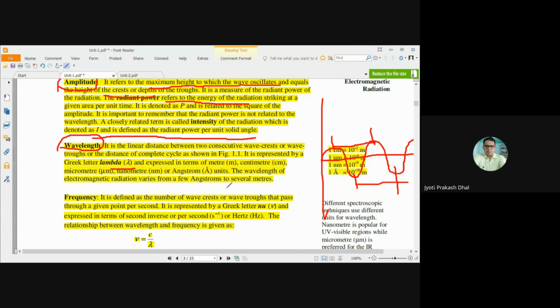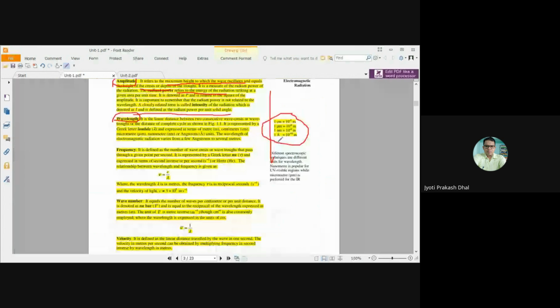As it is the distance between two consecutive crests or troughs, or the distance of a complete wave, the unit of the wavelength is meter, centimeter, micrometer, nanometer, angstrom, and so on. And here is the conversion between the different units: 1 nanometer equals 10 to the power minus 9 meter.